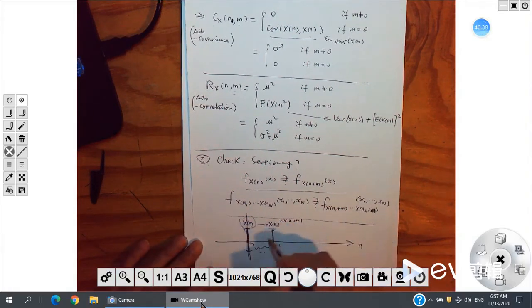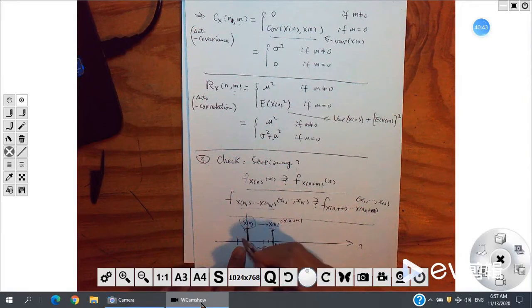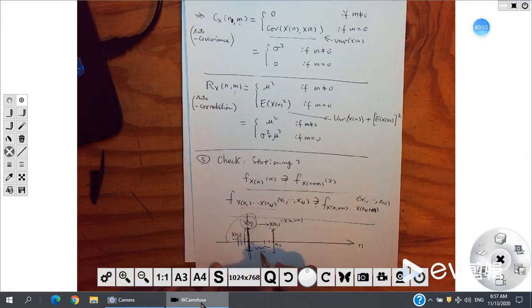And if you have several x of n, several random variables from the process, each one has a distribution, and then you move the index forward by m.